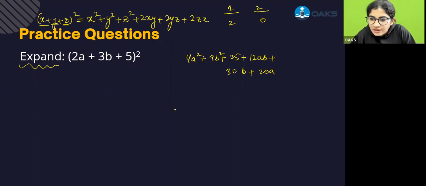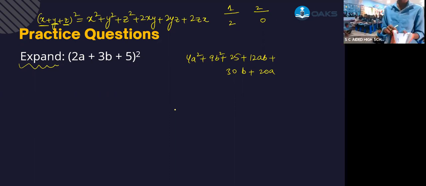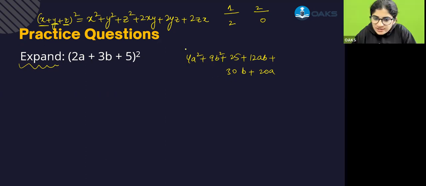What you have written? 4a square plus... then I got the same answer. You got the same answer, right? You have written x, y, and z, and then in the next line you have written a, b, and c. Okay, thank you so much. You can sit down. So school 1 gets 1 point and school 2, yay, you have got 1 point in your bucket.